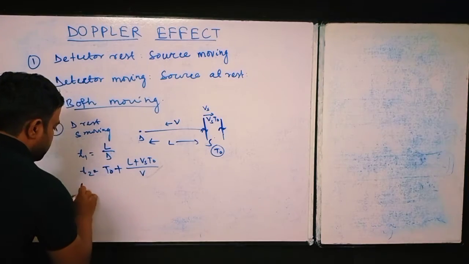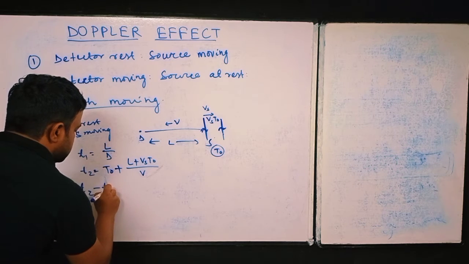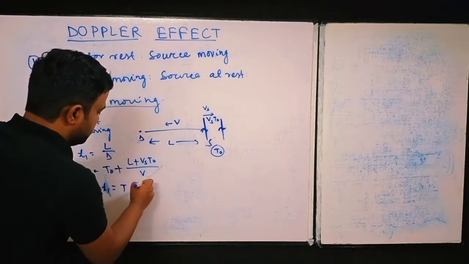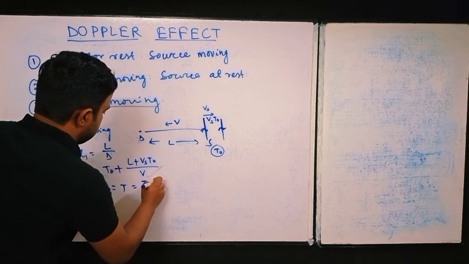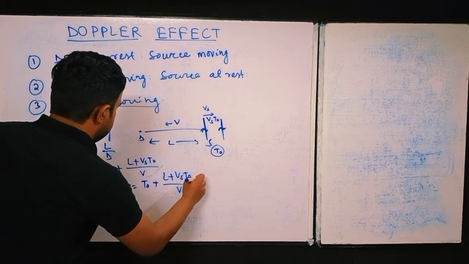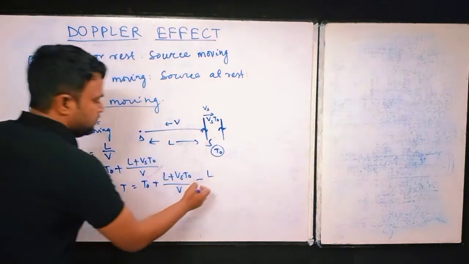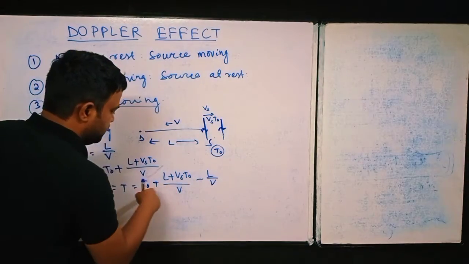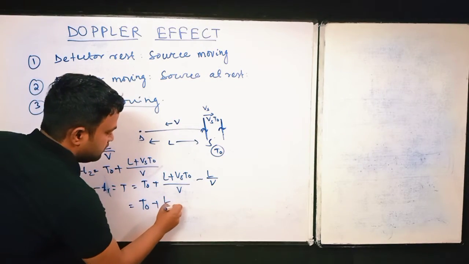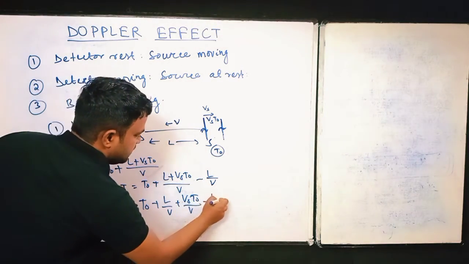So we just subtract: t0 plus L by V plus Vs t0 by V, minus L by V. You can simplify this easily.